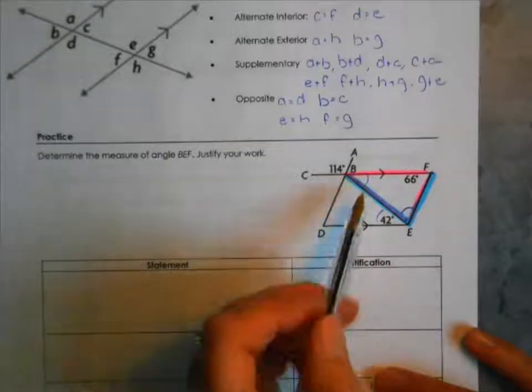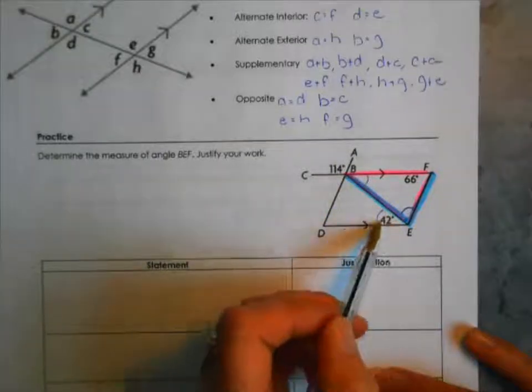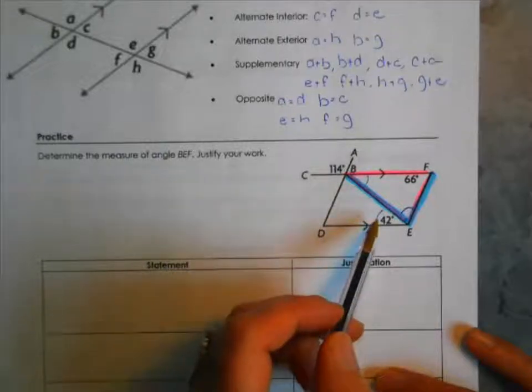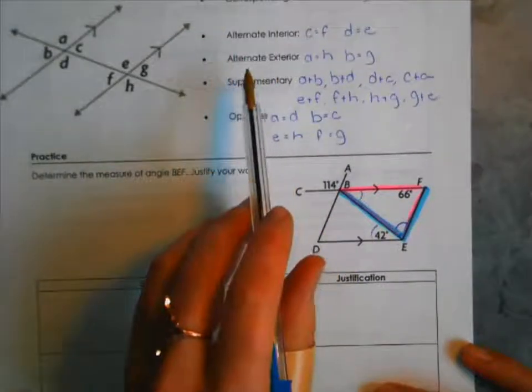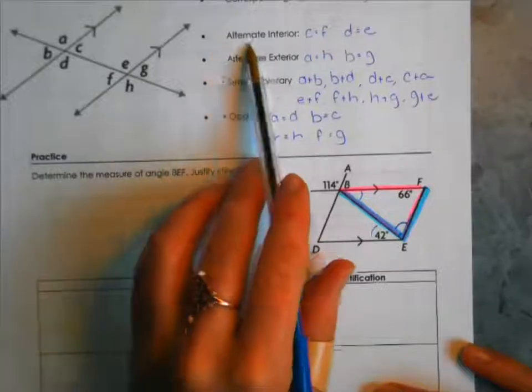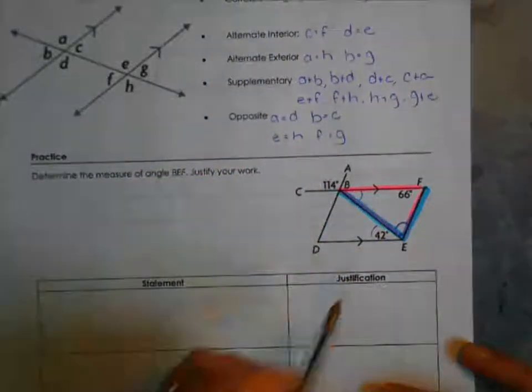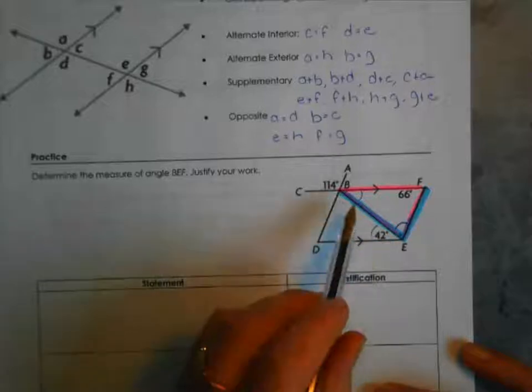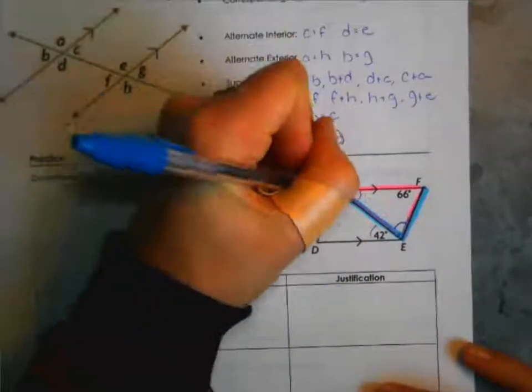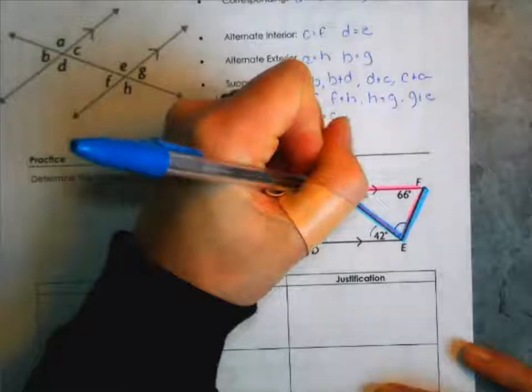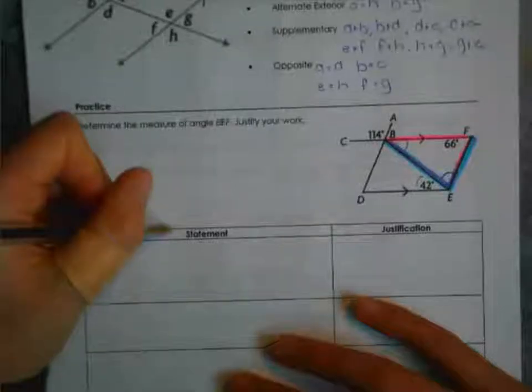This one is on top of the transversal and this one is below the transversal. So thinking back to the angle properties, that would be alternate interior, and so we know that these two angles would be equal. And since we're given this angle already, that makes it easy to solve for angle B over here, which would be 42 degrees.